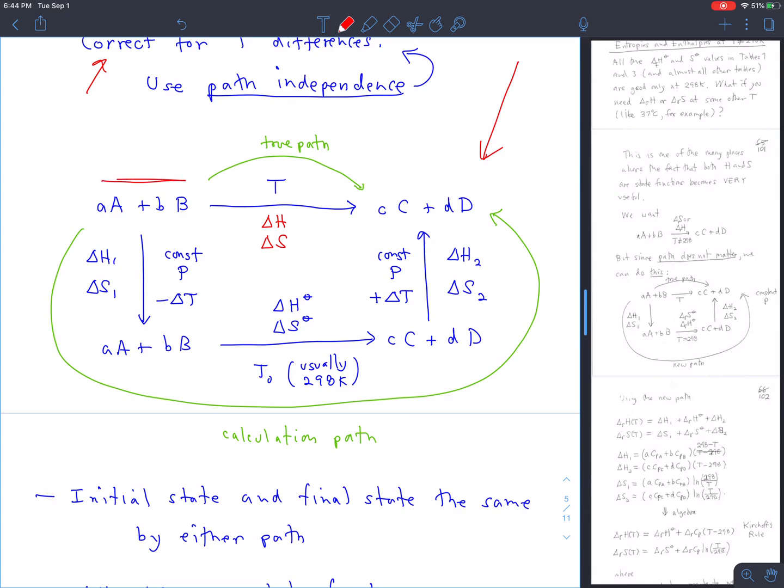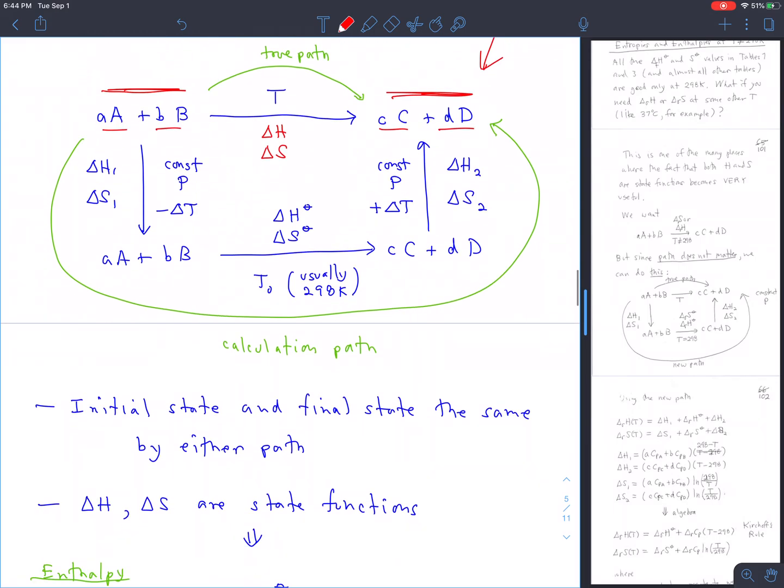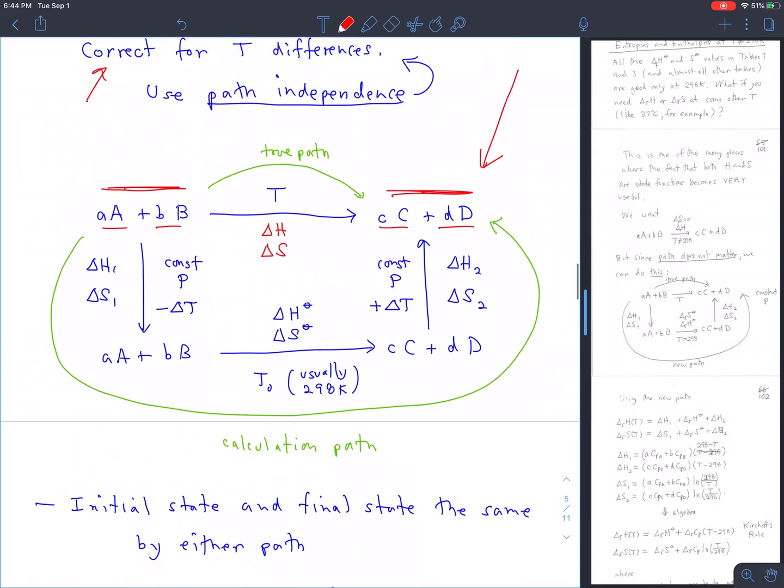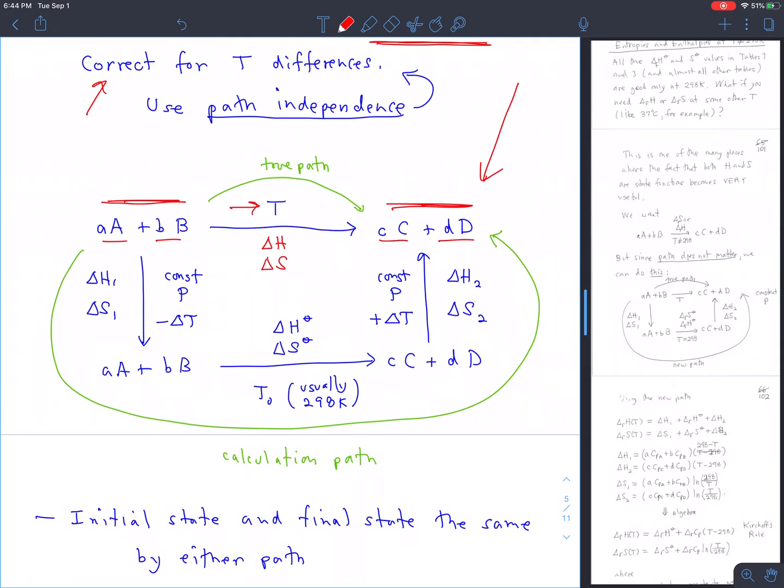Here's our chemical reaction. It's a generic chemical reaction in this case, right? A times species A plus B times species B goes to C times species C plus D moles of species D. That's all happening at some temperature, and we are assuming for the moment that that's not 298 K, and that's the actual path that's taking place.